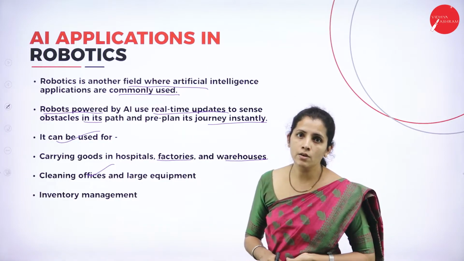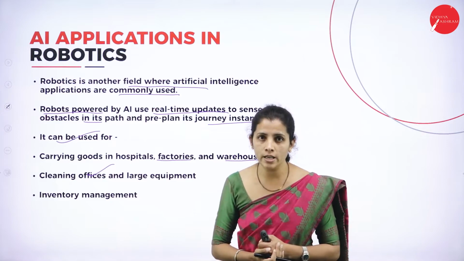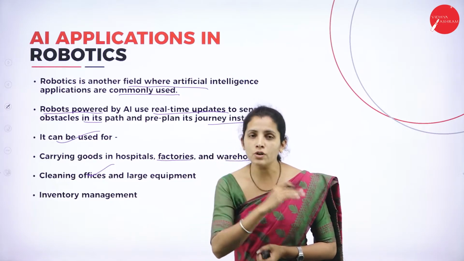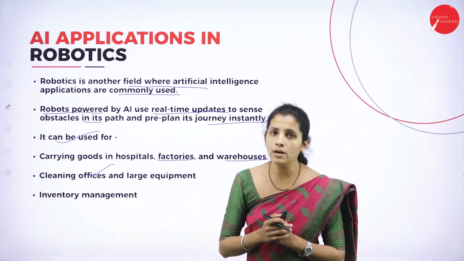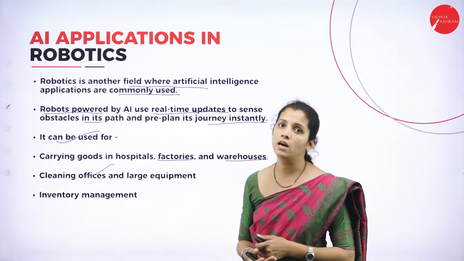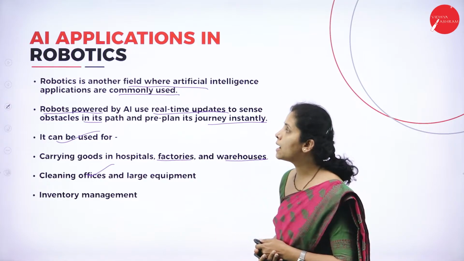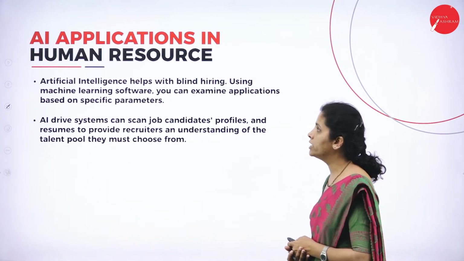Even in inventory management we can use robotics. Nowadays in most hotels, instead of suppliers, we can see robots serving. So these are the applications of AI with respect to robotics.